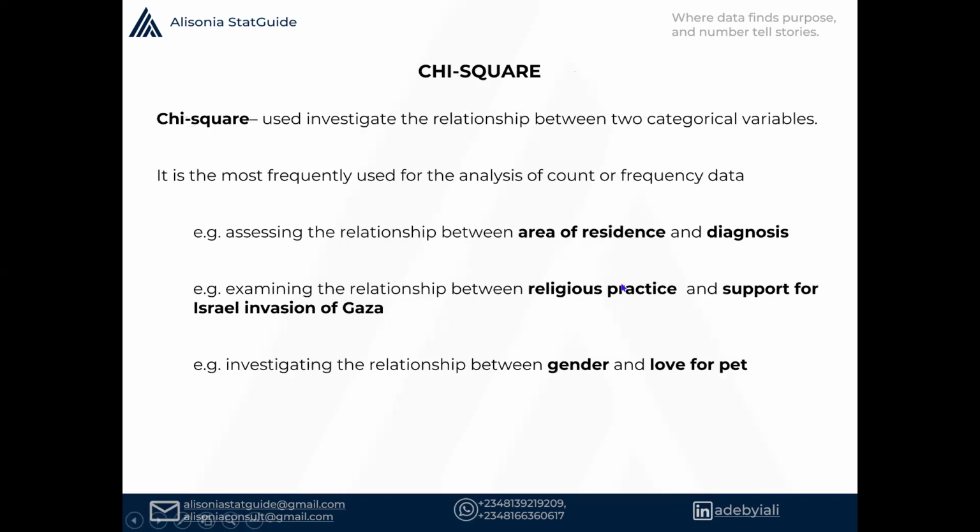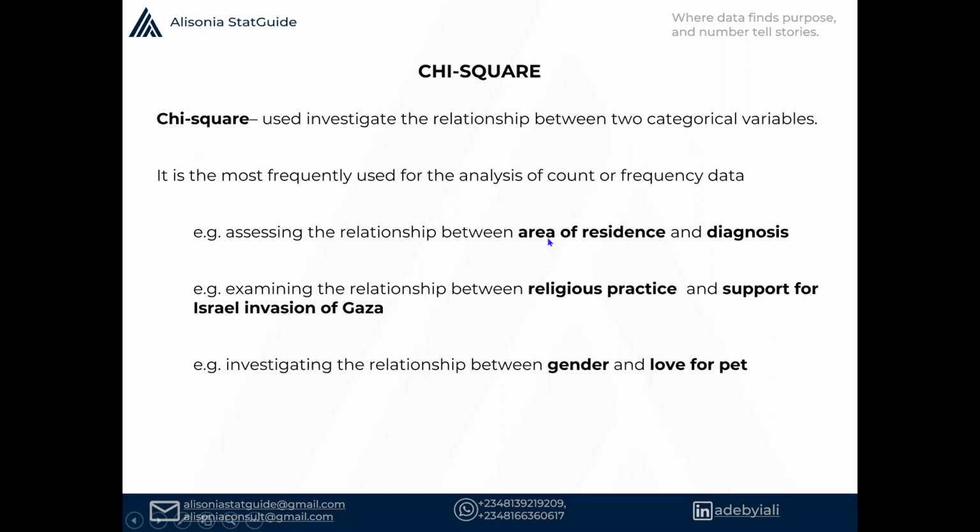So for chi-square, it is used to investigate the relationship between two categorical variables. We said it yesterday, just restating. It is most frequently used for the analysis of count or frequency data. Yes, that is a categorical variable. When you have count or frequency data, we refer to that as categorical or qualitative variable.